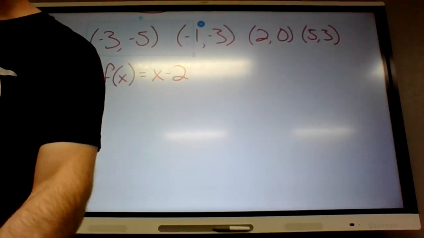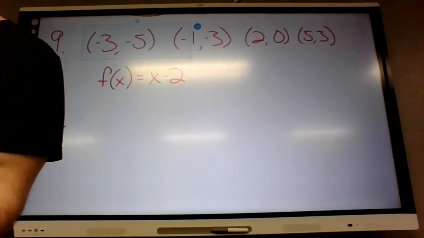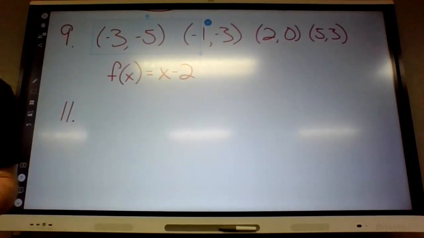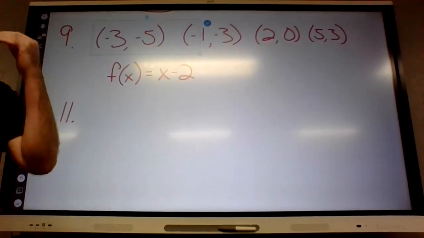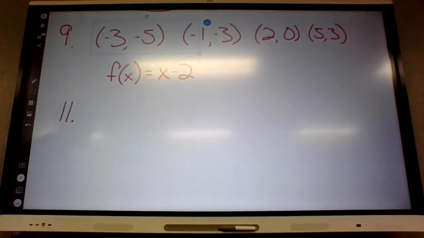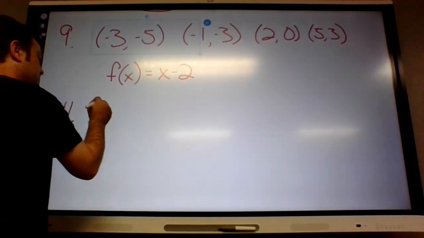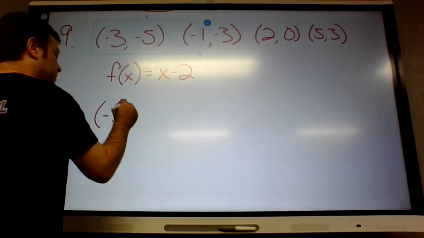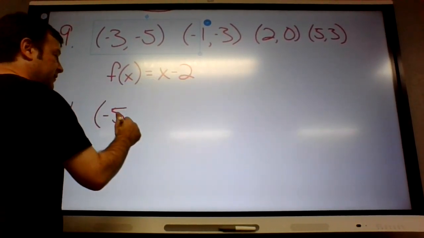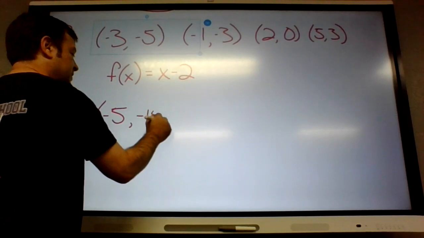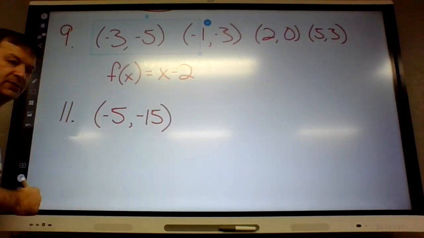Number 11. Okay, same thing, they just wrote it differently for whatever reason. Let's maybe focus on the evens again. So the first column says x is -5, y is -15, that's basically what that means.